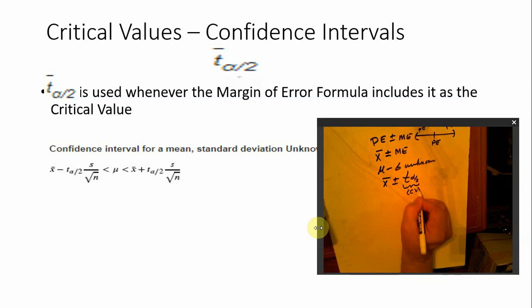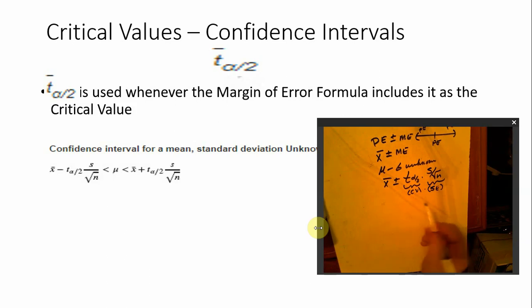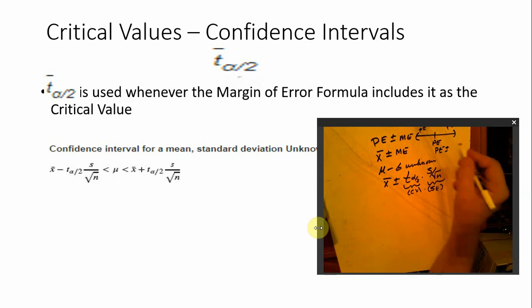This is the critical value times S over the square root of N, and again, this is the standard error. So the general form is always PE plus or minus the critical value times a standard error formula.